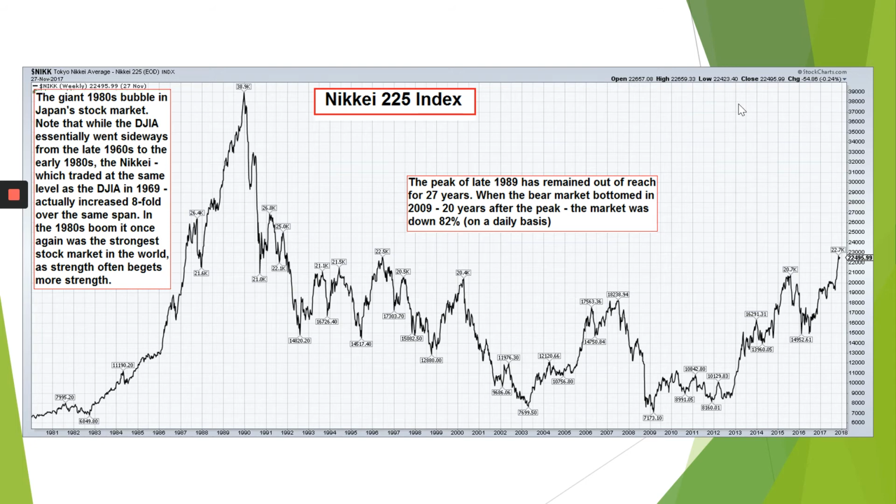And then once again, in 2009, in the financial crisis, it hits a new low. So from 1989 to 2009, a 20-year period, that's 82% from its peak. So imagine you bought at the peak in 1989, held for 20 years, you've lost 80% of your money.